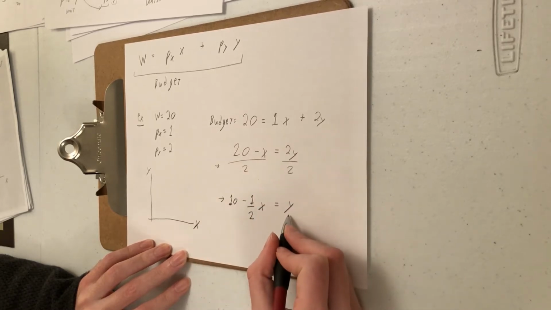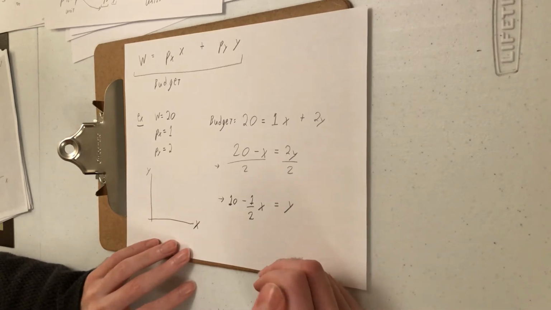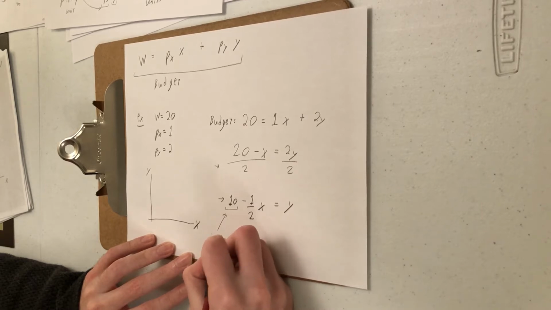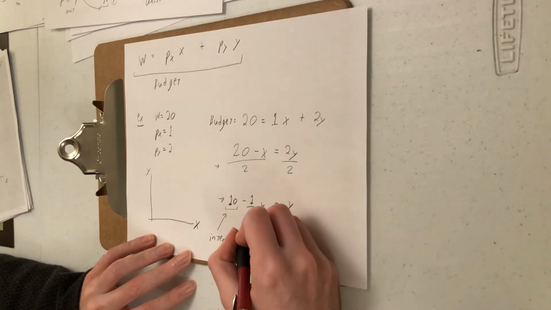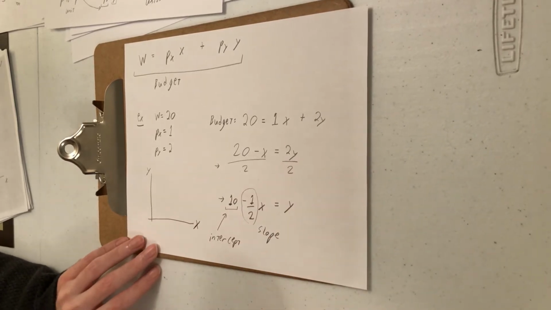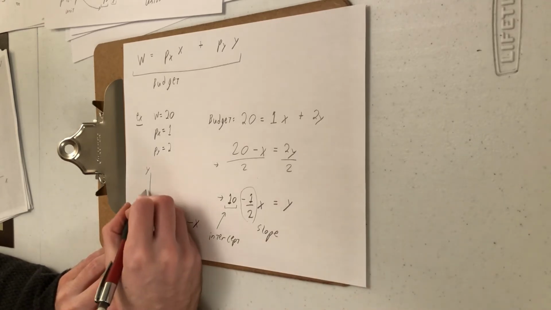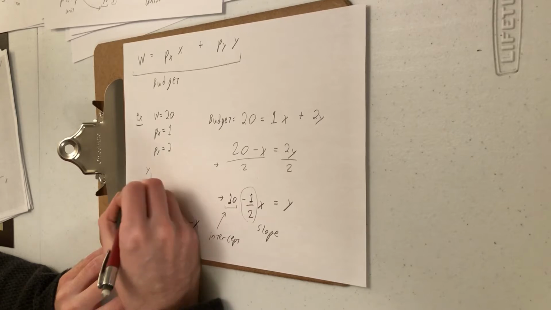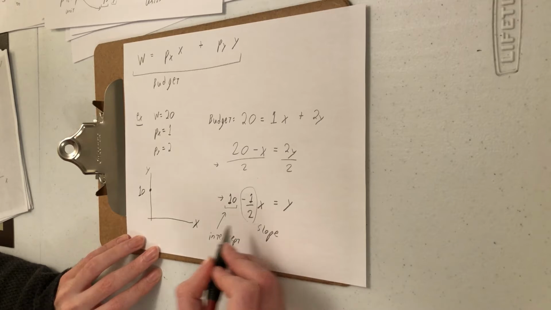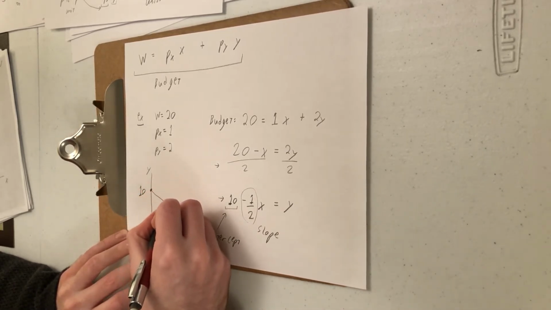So this will be just a straight line, because of the familiar form of slope and intercept. So here's your intercept, and this is your slope. So of course we all know how to draw straight lines. So our intercept goes up over here. We said that's going to be 10. Slope is minus half. So that's going to look like this.